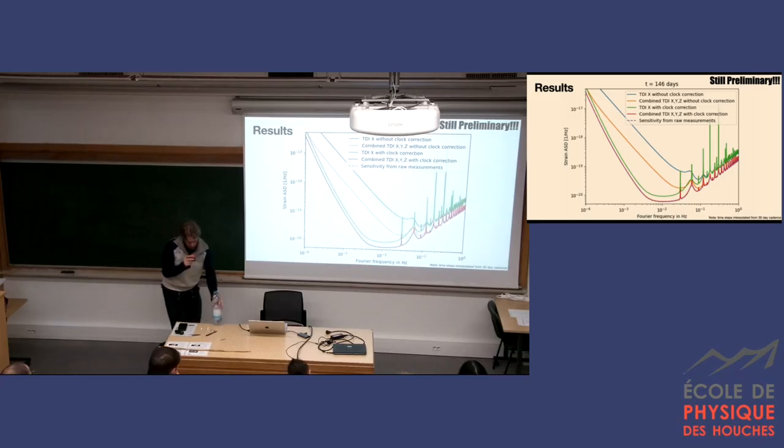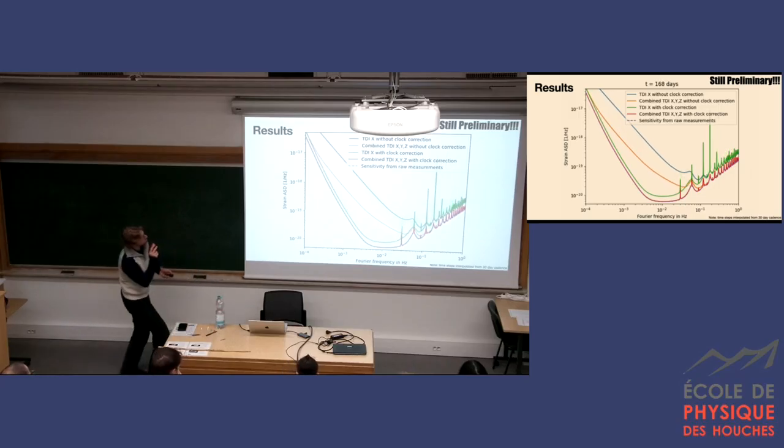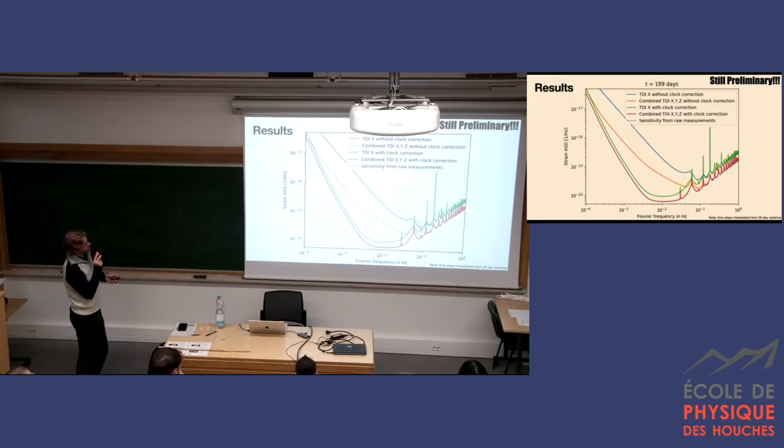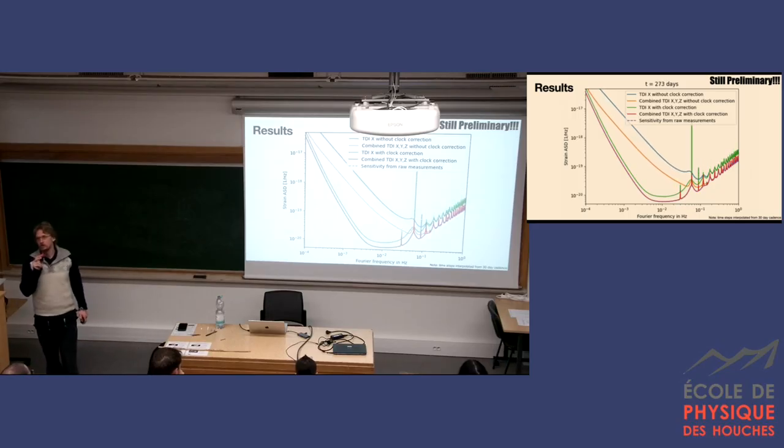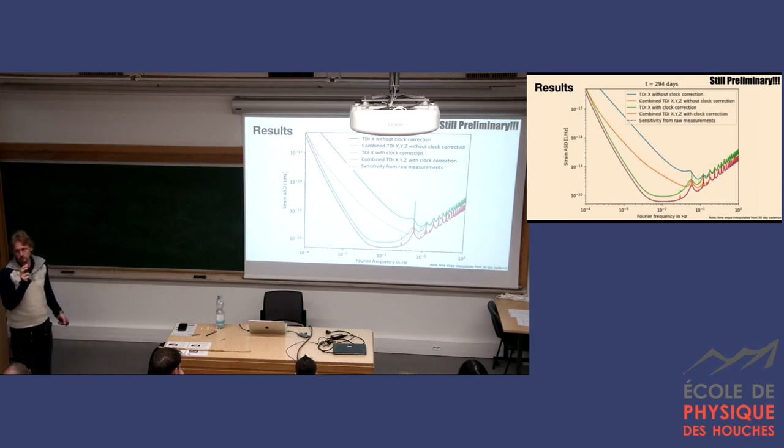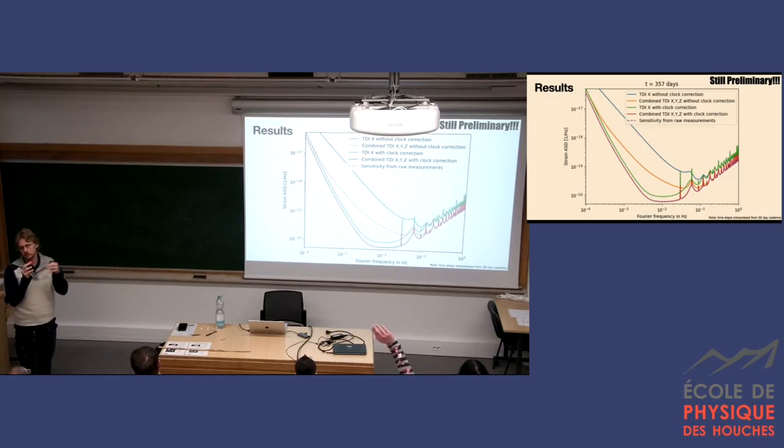It depends on the channel, I think. If you look just at X on its own, it doesn't change much with or without clock. What changes a lot is the combination of X, Y, and Z, which would imply that at low frequencies you can cancel the clock noise that is individually limiting X, Y, and Z between the 3.